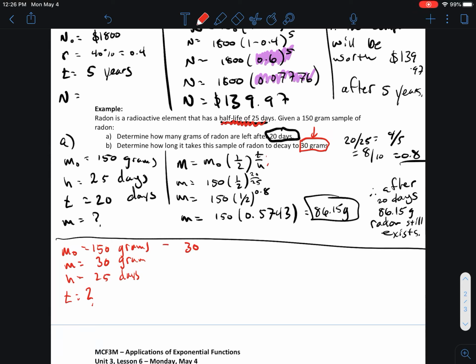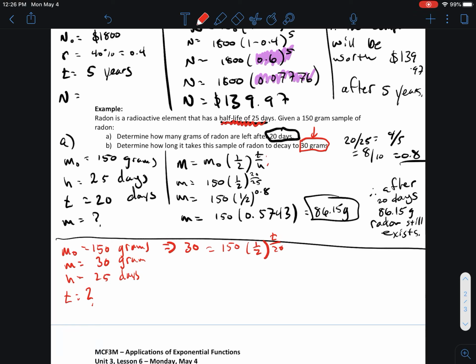But this time I'm going to fill in the information. So 30 is M, is equal to 150 multiplied by 1/2, and then you write in the exponent, which is going to be T divided by 20.